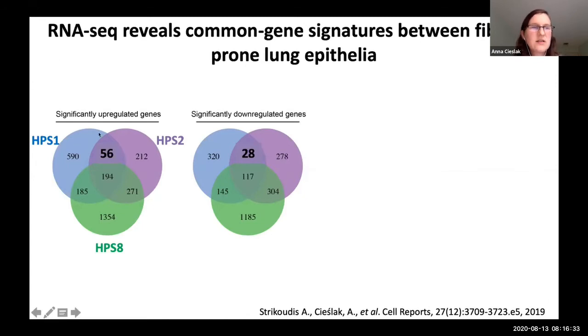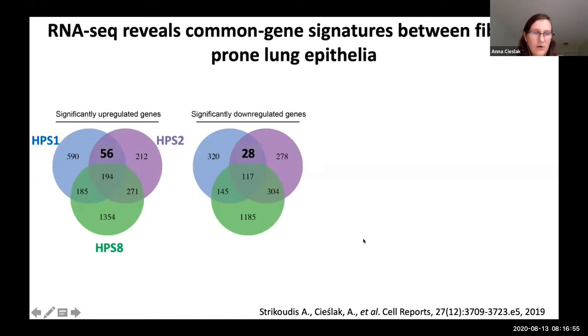And here you can see that there are 56 total genes that were found to be significantly upregulated in both hPS 1 and 2, that are the fibrotic-prone lines, but not hPS 8, compared to the wild-type, while 28 genes were significantly downregulated.